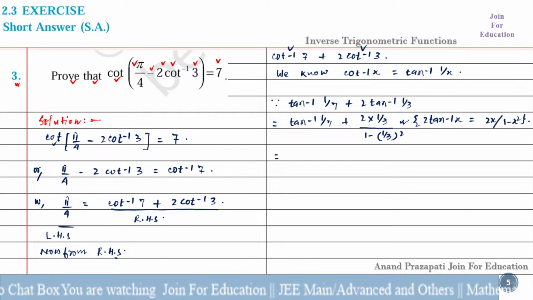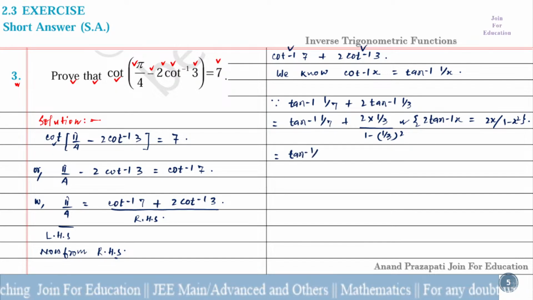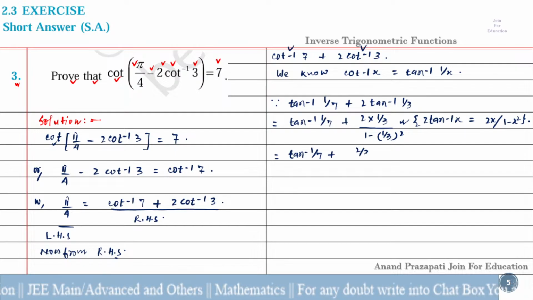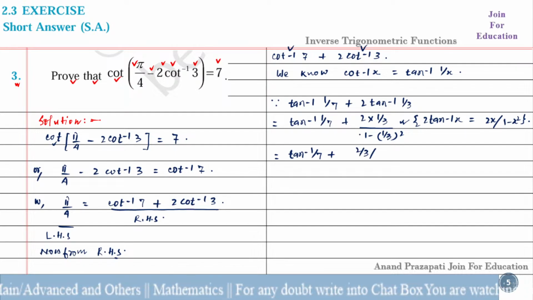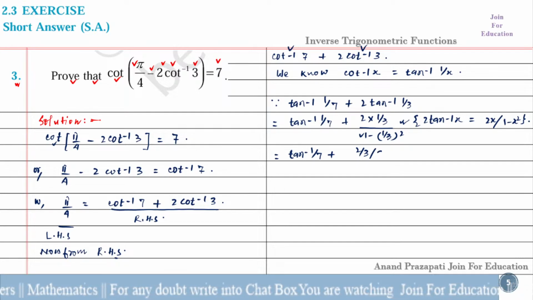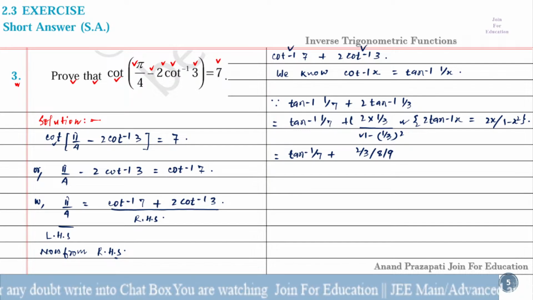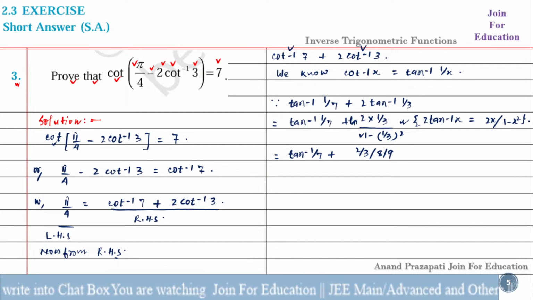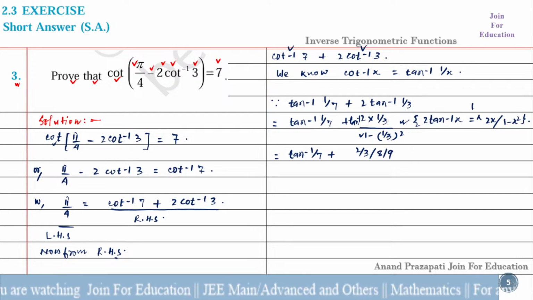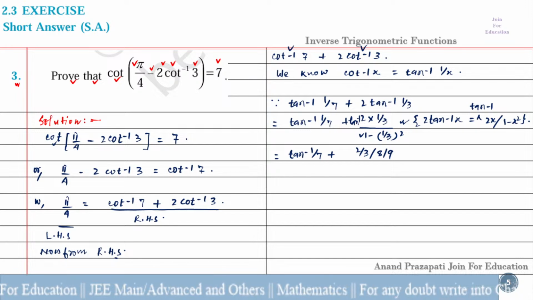So the next step will be tan inverse 1 by 7 plus 2 by 3 by 1 minus 1 by 9, which equals 8 by 9, and we write down here tan inverse, and we write in the formula tan inverse 2x by 1 minus x square.